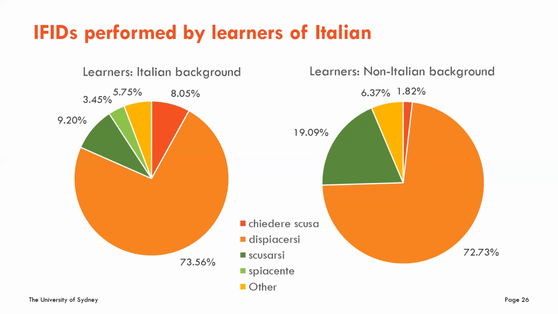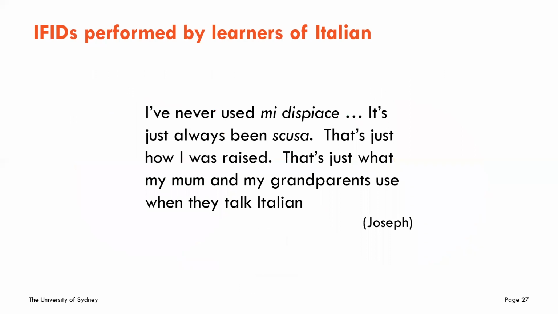So when the learners of Italian background don't use dispiacersi, there seems to be a bit more range in their IFID choice. And this is possibly because they may have been exposed to a different number of IFIDs or a wider range of IFIDs than those of non-Italian background. And we see here in this quote from Joseph in the post-task interviews that for his case, at least, that family background and that knowledge of Italian carried over from the family context does have an influence in how he apologizes.